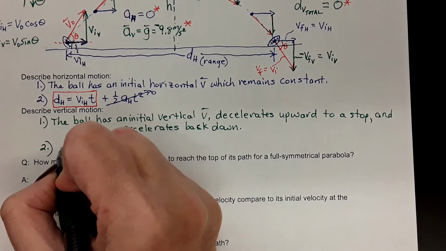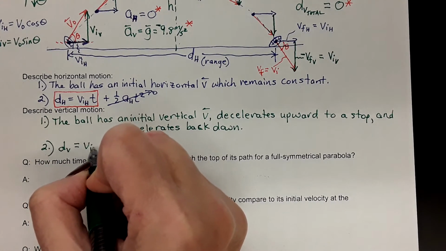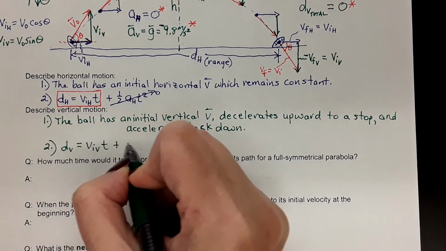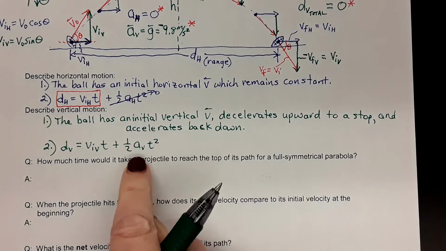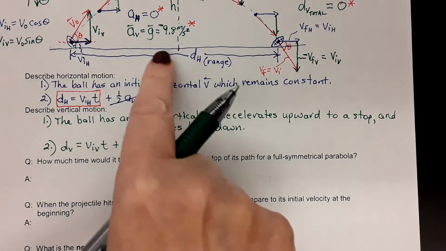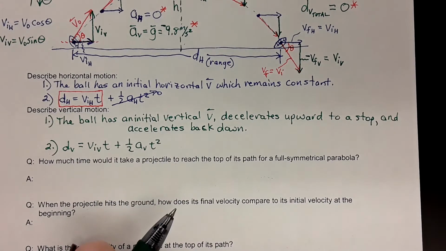With a general equation modified for verticals, we'd say d sub v equals v sub iv times t plus 1/2 a sub v t squared, where in this case you could also replace a sub v with g. Before you plug numbers in, you could just say g.